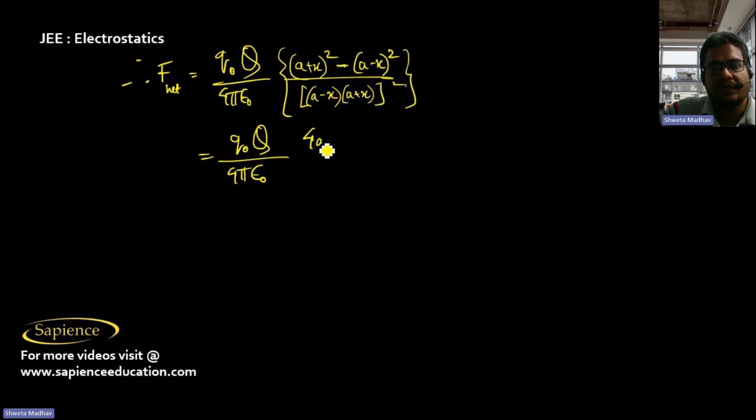So it will be equal to 4ax divided by (a square minus x square) whole square.